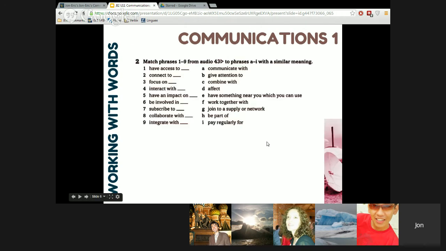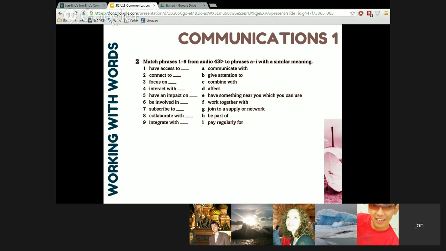Okay. These are some of the key vocabulary words that you just heard in the last class and just read today. So, what do you think? Let's give it a try. Yuki, want to take the first for us? Okay. Give it a shot. One, have access to.